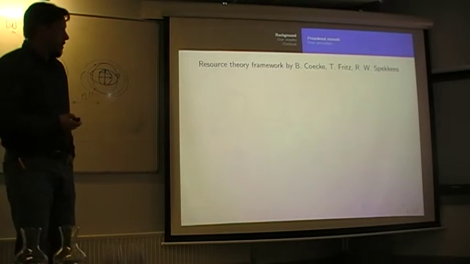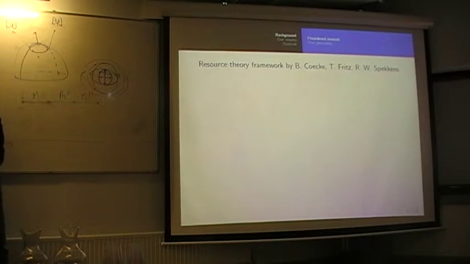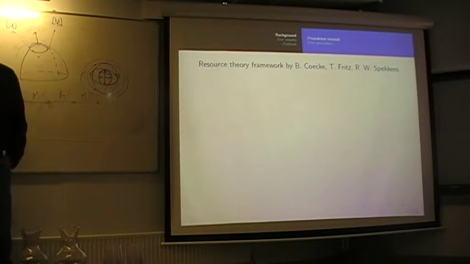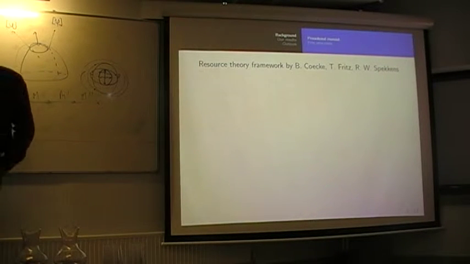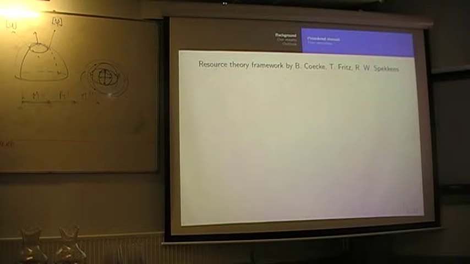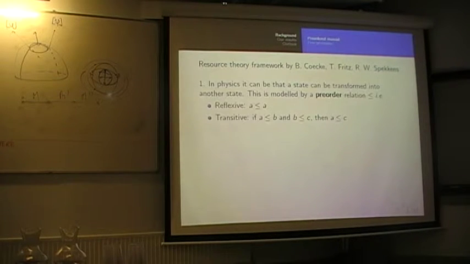There are currently more than one definition of what a resource theory is. There are many ways of talking about resource theory, but the one we're working on is the one defined by Bob Coecke and others.